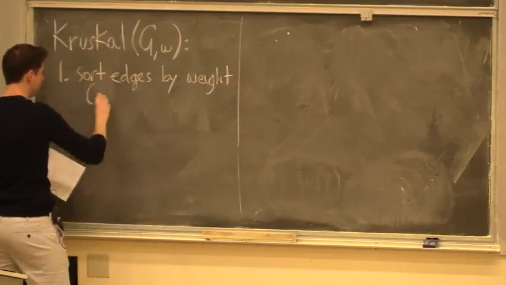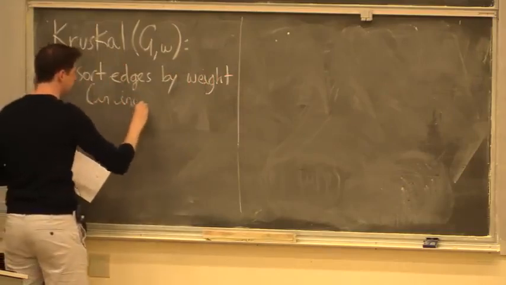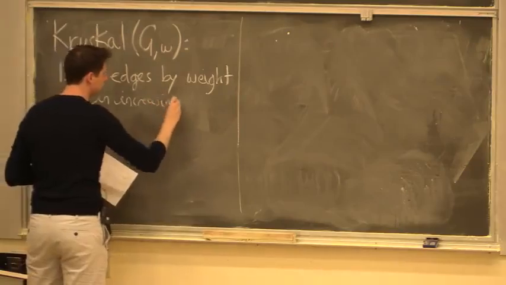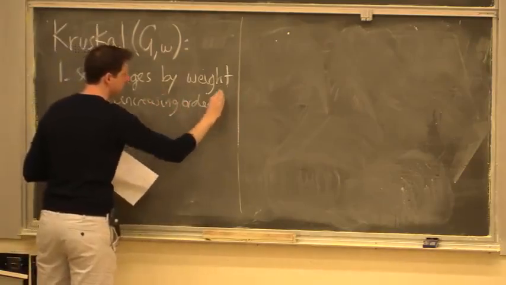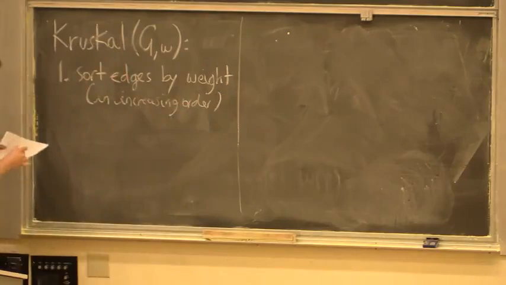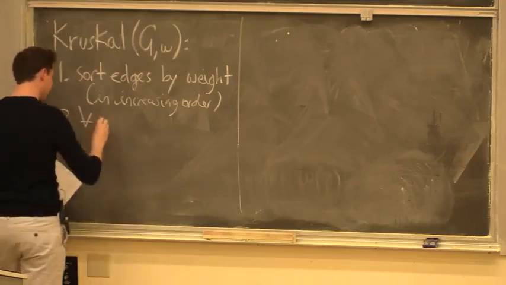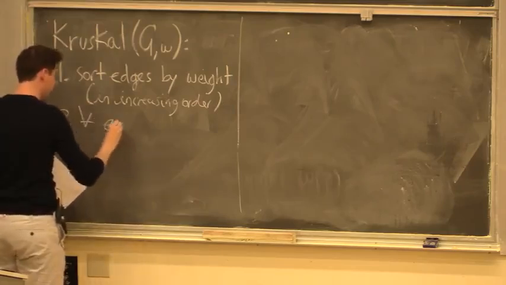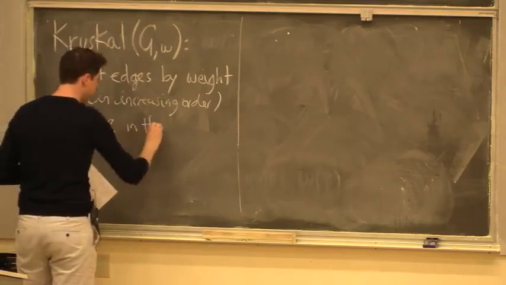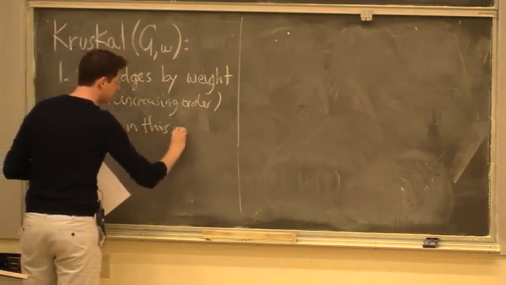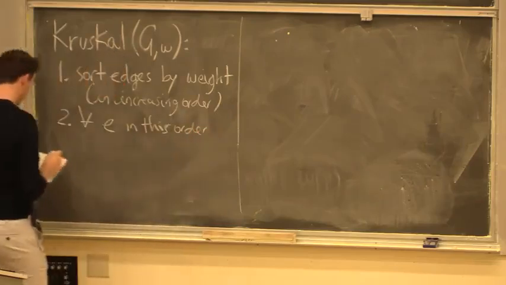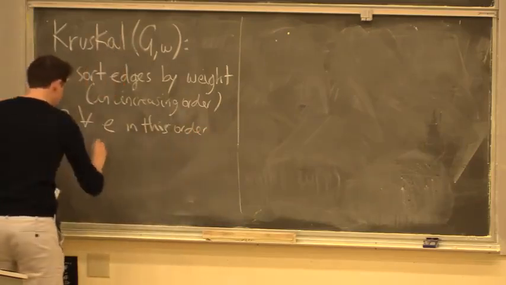In increasing order. So we start with the cheapest edge, and then for each edge E in this order, you're going to reason as follows.